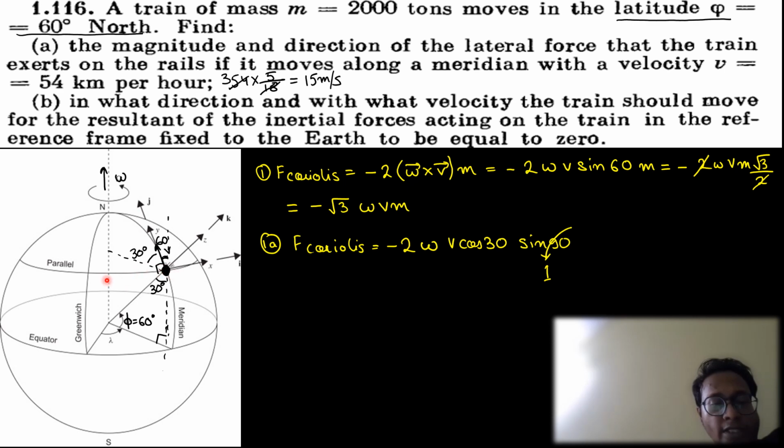Omega cross v is along this line, so automatically minus omega cross v would be along the x axis. So the Coriolis force is along this axis, because minus omega cross v is along this line.